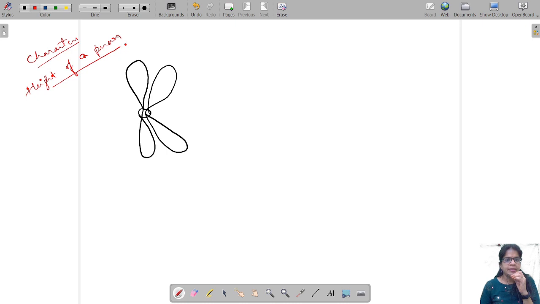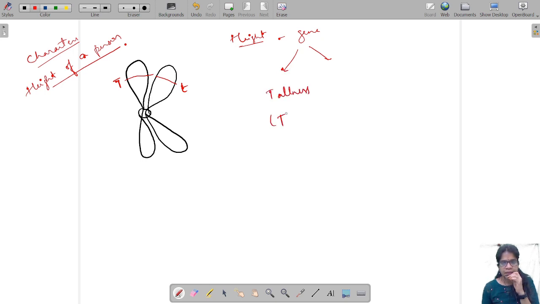The height of the person is a gene. It has two alleles: tallness, decided by capital T, and dwarf, which is a small t. Right? See, if this is the condition, this is what you call heterozygous.